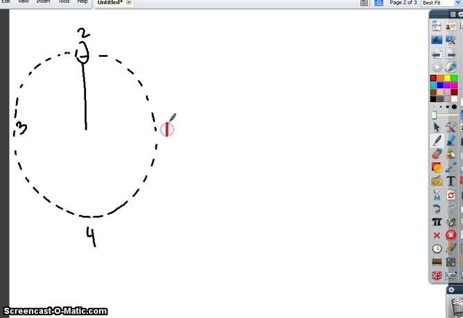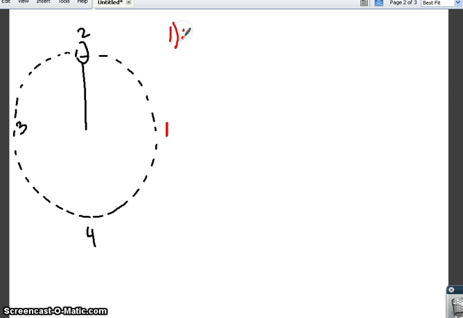Point 1. At point 1, right here, this object is going to have a force of tension pulling it in and gravity pulling it down. Okay? Tension pulling it in, gravity pulling it down.